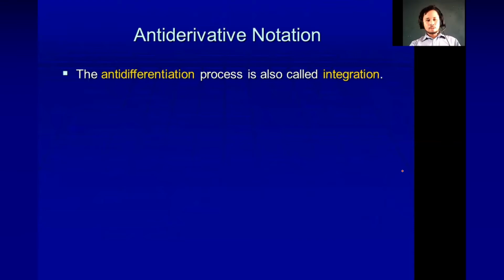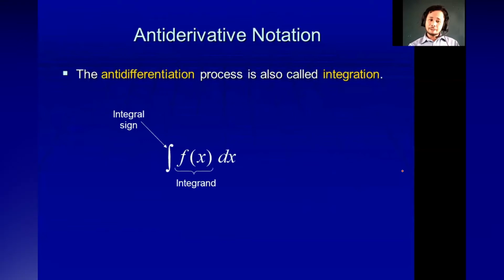So now let us talk about antiderivative notation. The anti-differentiation process is also called integration. So if you are asked to integrate, it simply means that you are getting the antiderivative of a function. Here, that is our integral sign. The f of x, the function, is the integrand.